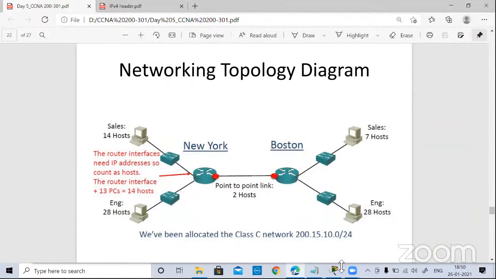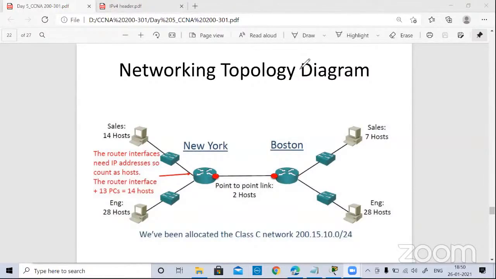5 networks. Everyone, 5 networks. Sorry, 6. Do you think it is 5 networks, or 3 networks, or 4 networks? Somebody is saying 5, somebody is saying 6. How many networks do we have here? Just check it out, guys. 5. 28 hosts plus 230, so we can go with 2 to the power 5.